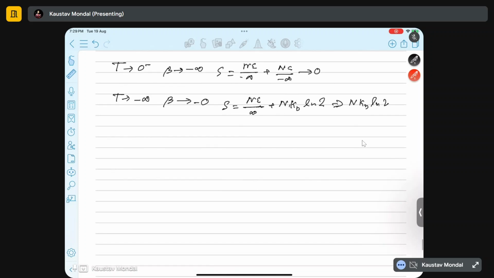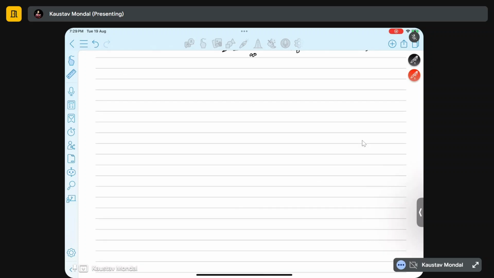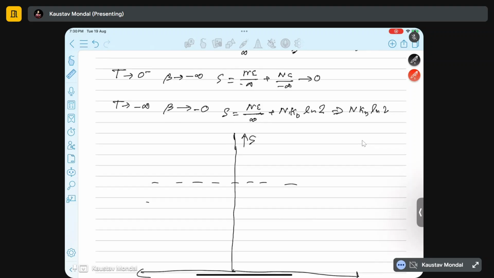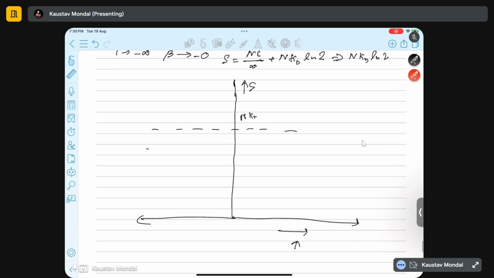Okay, here if you draw the graph, let's suppose this is the entropy, and this is the temperature. The temperature is on this axis, entropy is on this axis. Now suppose the value in kb ln 2, and this is the value 0.